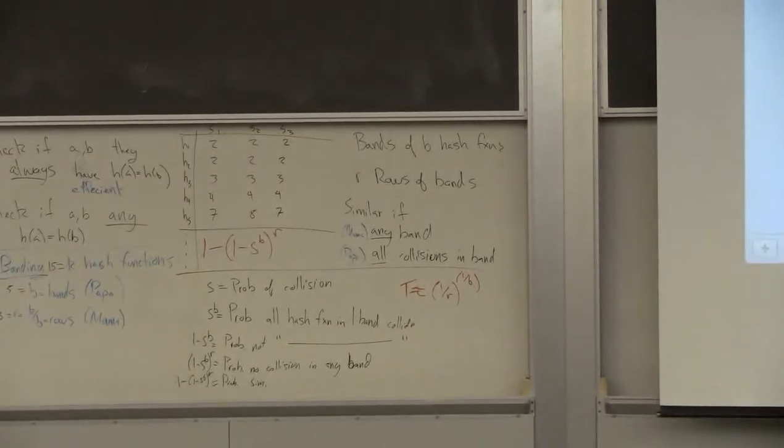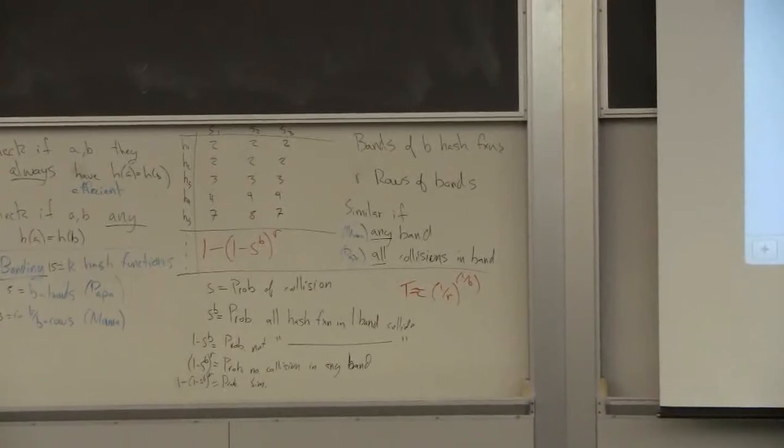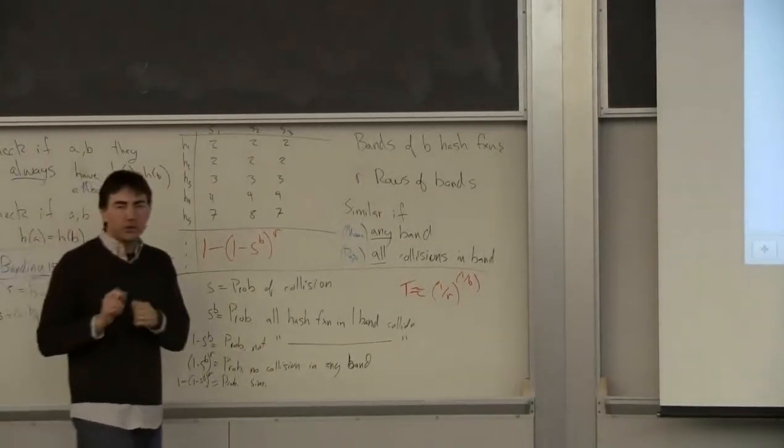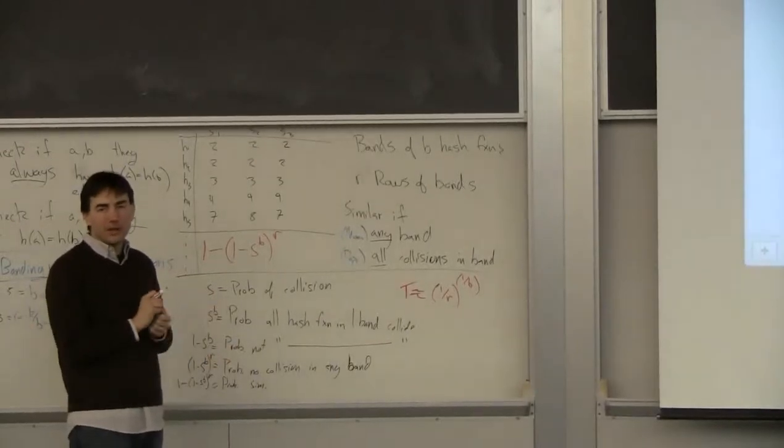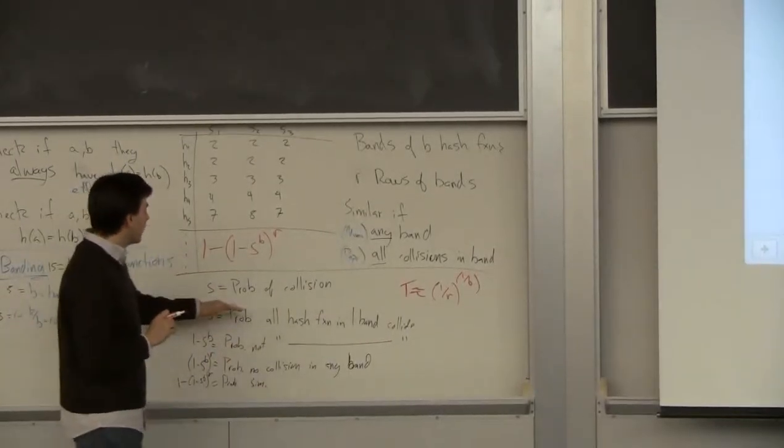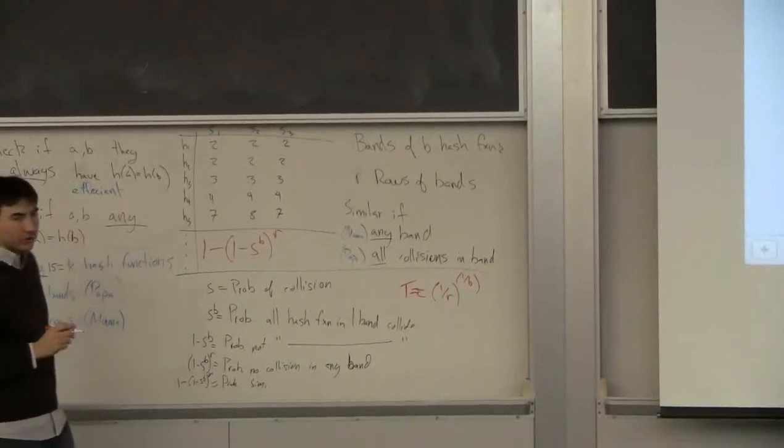So for a given similarity threshold you want, remember you only have one free parameter. If you choose the value R, or the value B, then you're given a fixed number of these hash functions, right?